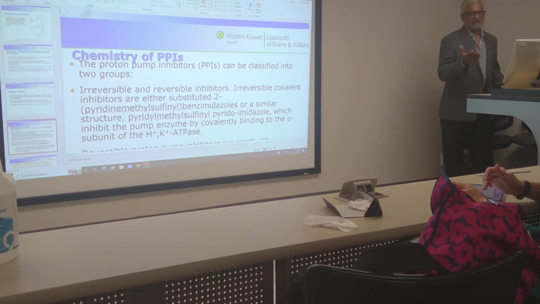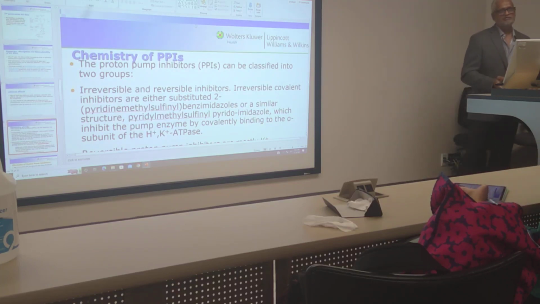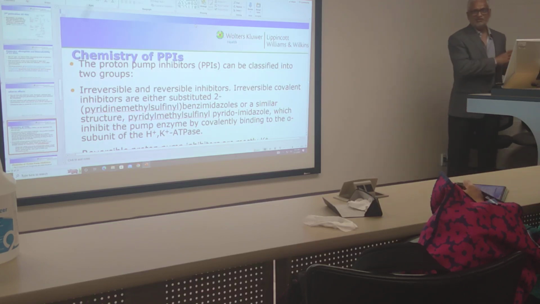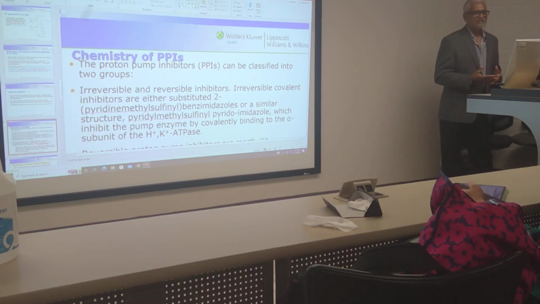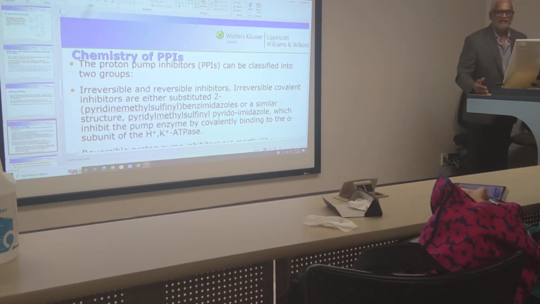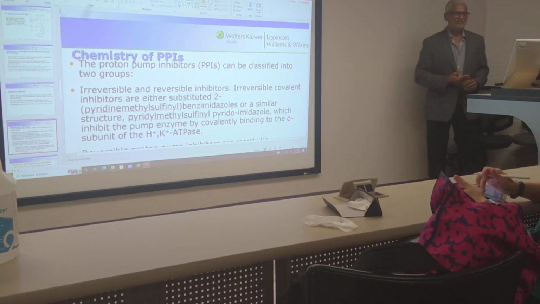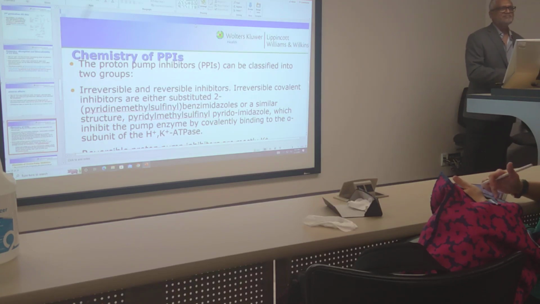That's why normally the therapeutic effect is better when PPIs are taken early in the morning, because they are also prodrugs. They are not readily active drugs. They come in as inactive drug molecules. They need to be activated by the very acid whose secretion they are going to inhibit. So they need an initial acidic medium.